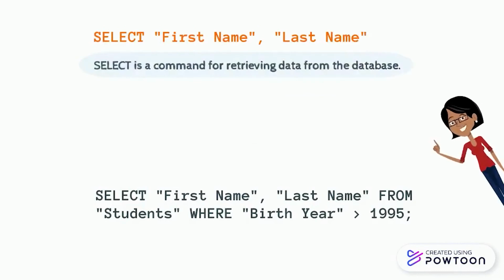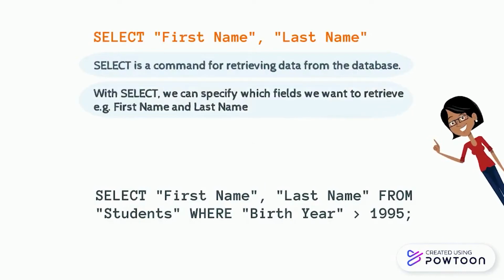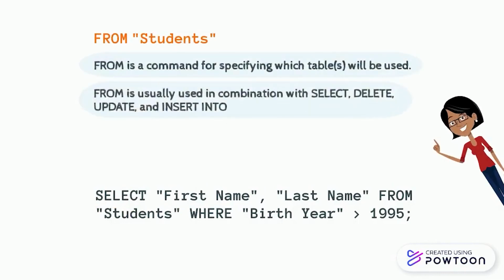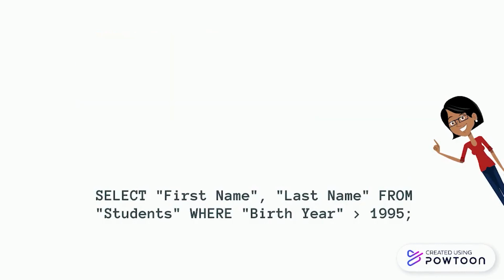Select is a command for retrieving data from the database. With select, we can specify which fields we want to retrieve, like for example, first name and last name. From is a command for specifying which table or tables will be used. From is usually used in combination with select, delete, update, and insert into.